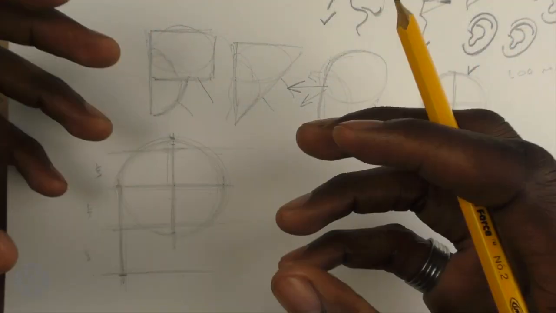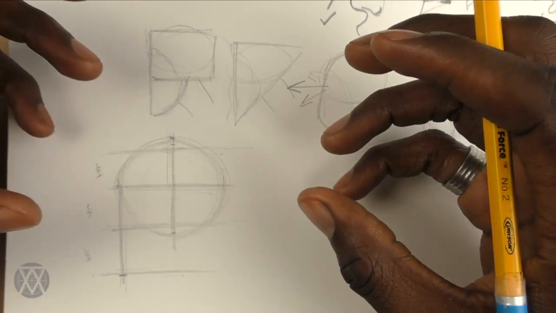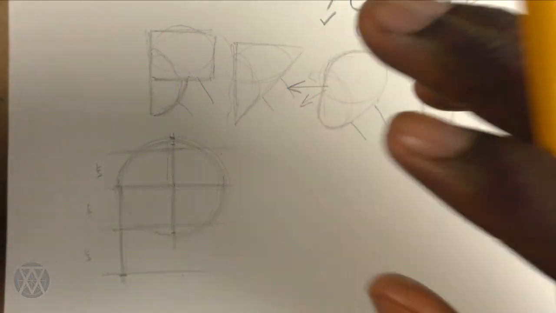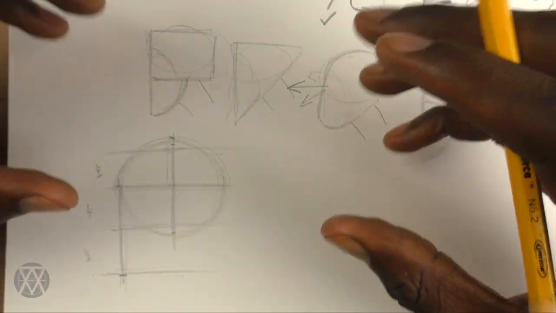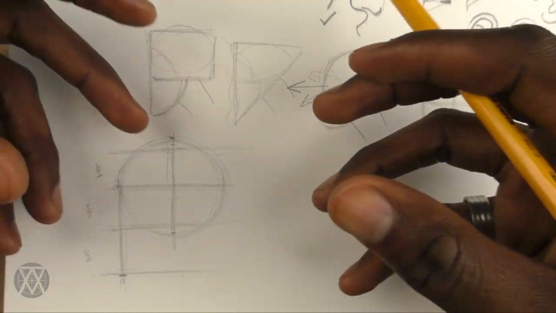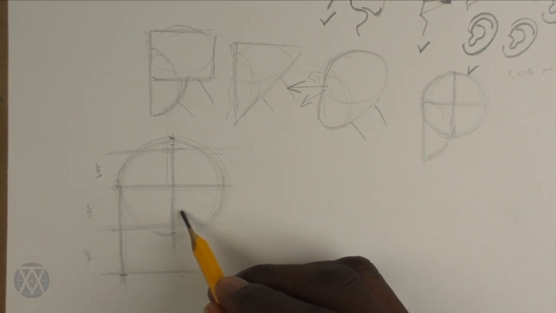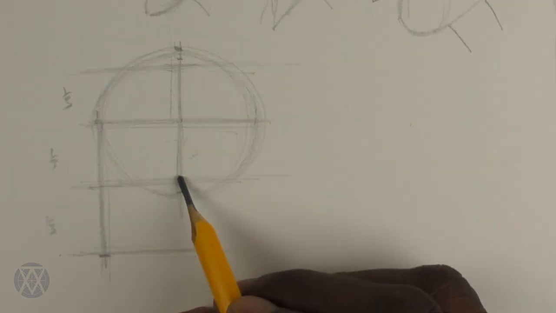You'll notice that the ear has to follow the jawline. When the head is tilted down, the ear has to be high because the jaw is low, and when the head is tilted back, the ear has to be low because the jaw is tilted up. Now we're going to assume that the ear starts on this line.